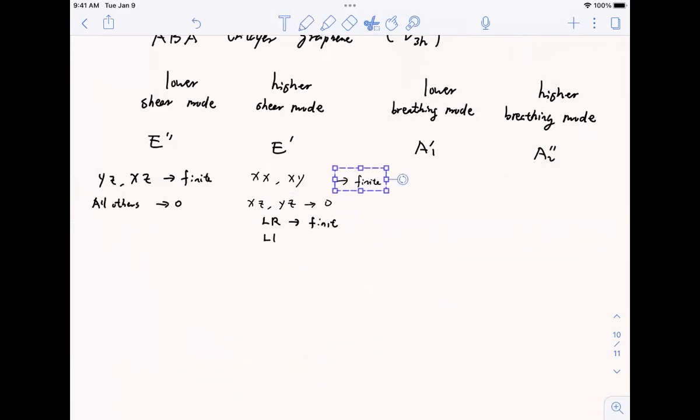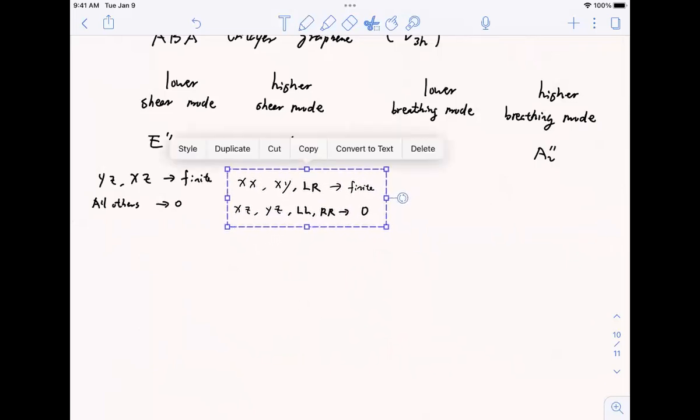I should write it like this. Left and right. And right. 0.